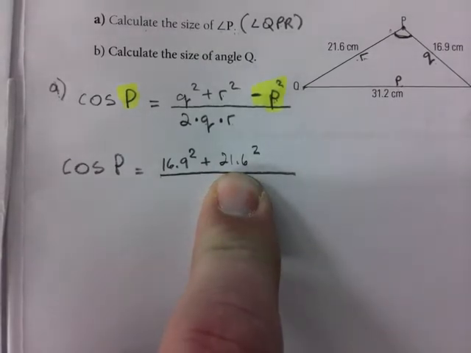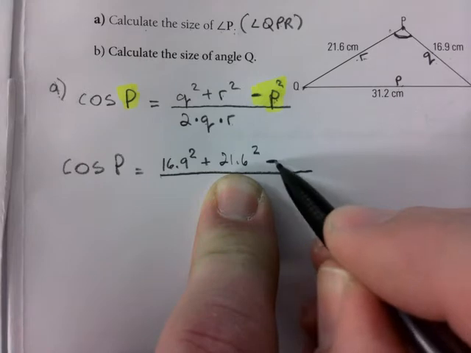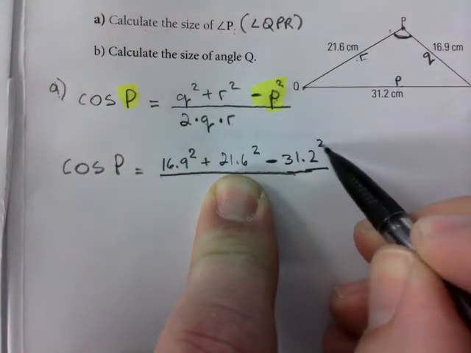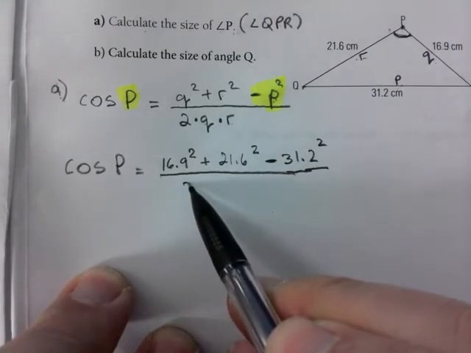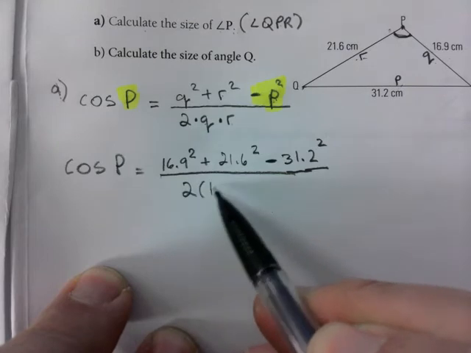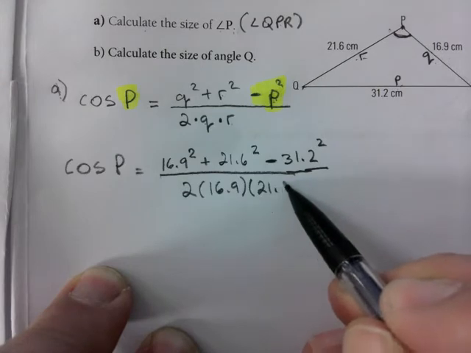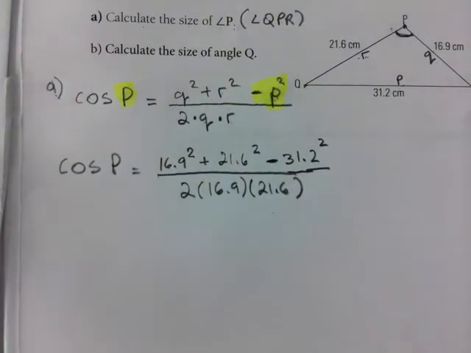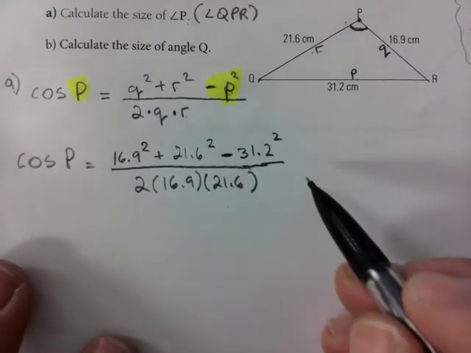By the way, it doesn't matter which one comes first between the other two sides. As long as you square and add, it doesn't matter. Minus P squared. Right? And then it's 2 times 16.9 times 21.6. And watch this. I do this right next to it.